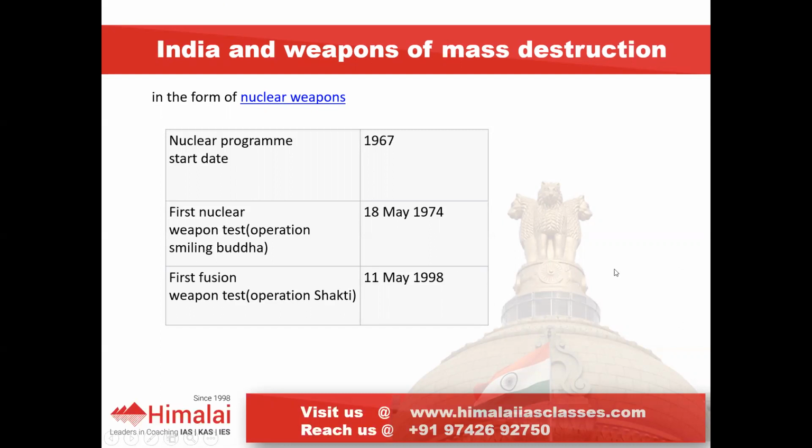What does a civil nuclear deal mean? Whatever nuclear energy we have access to, we will use for generating energy, for civil purposes, not for military purposes or manufacturing weapons. If that is there, then they will give support. That was the intention behind signing deals with these countries.